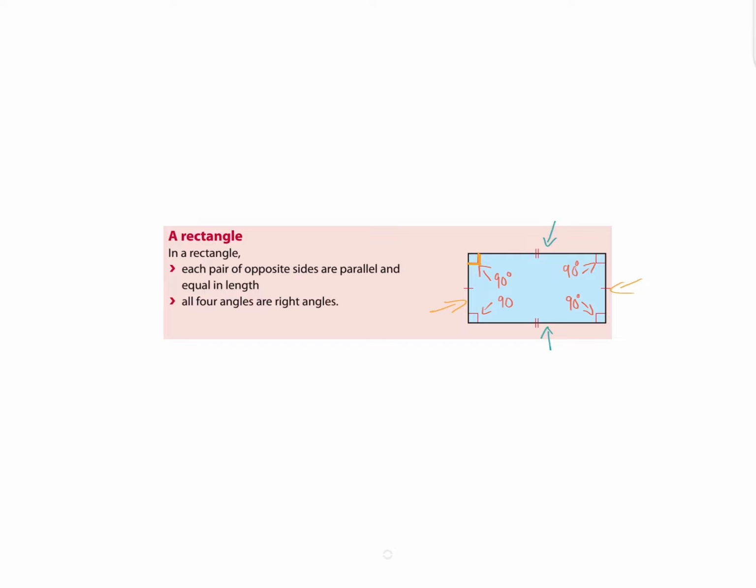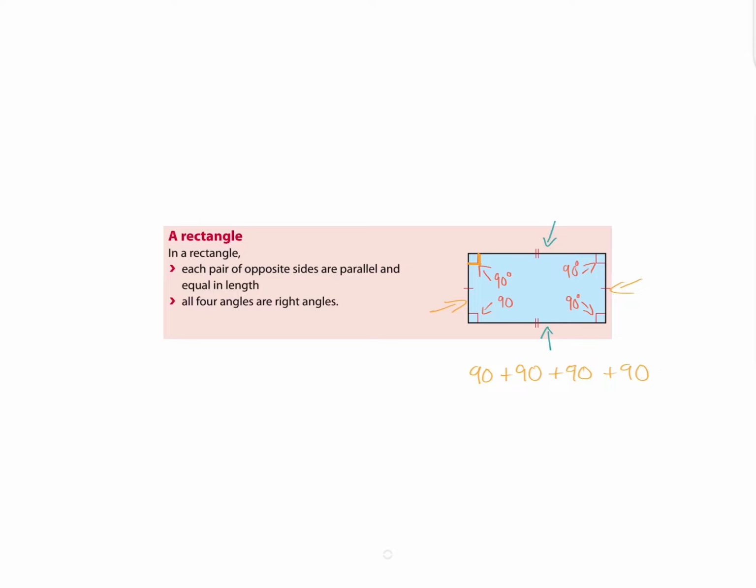Okay? Now, one thing you should notice, with quadrilaterals, with four-sided shapes, when you add all the corners together, so when you add all the angles of all of the four corners, it's 90 plus 90 plus 90 plus 90.